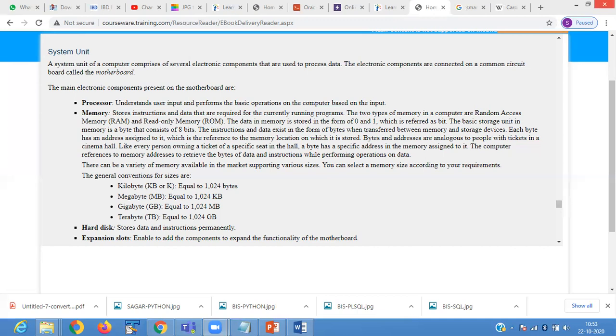The computer system has two types of memory unit. One is primary, another is secondary.